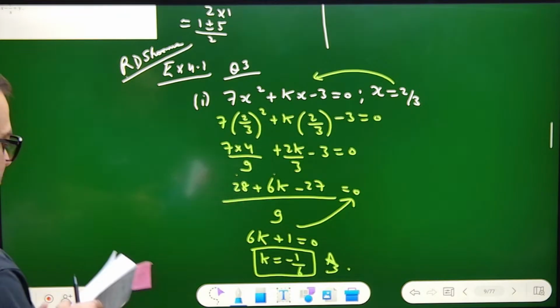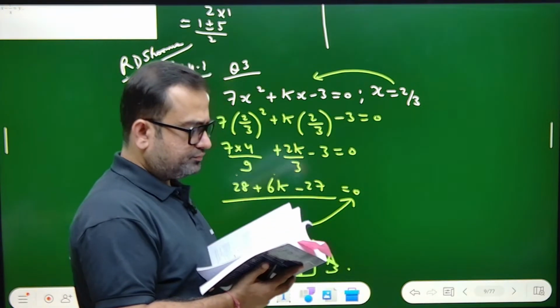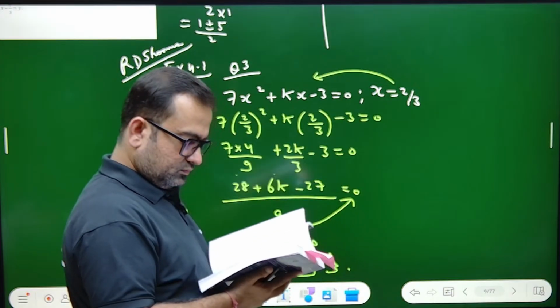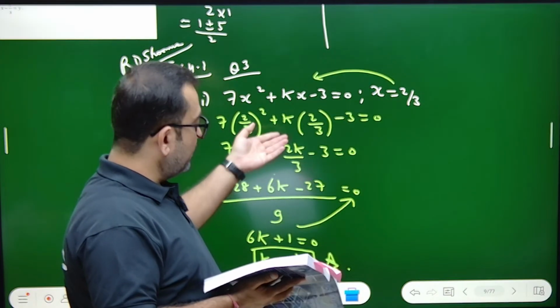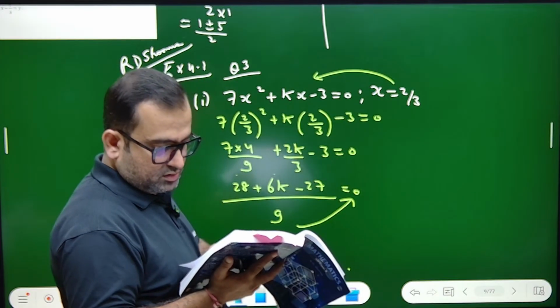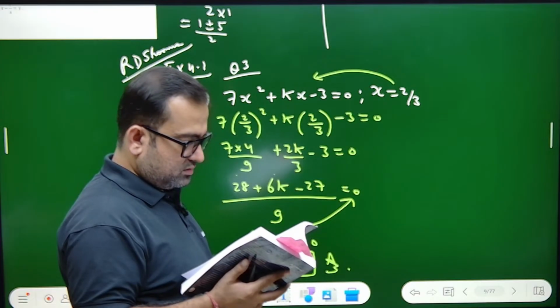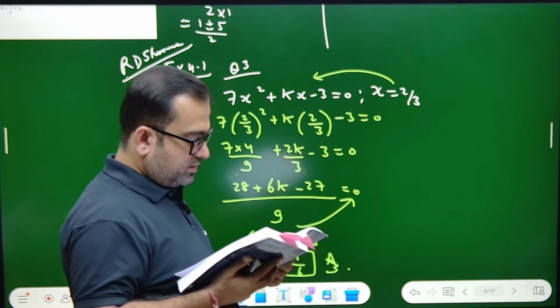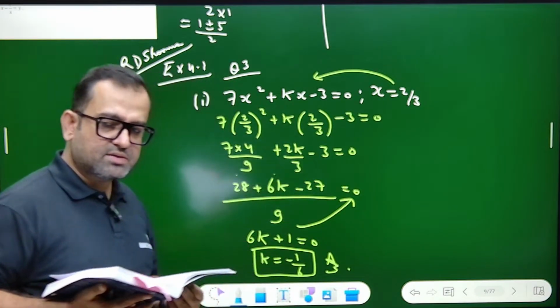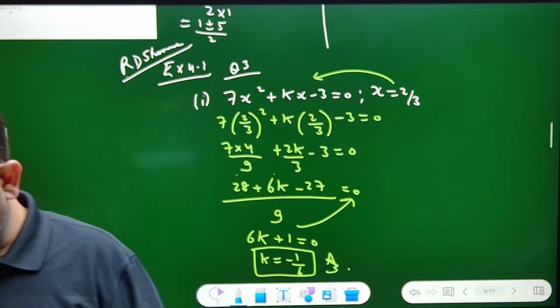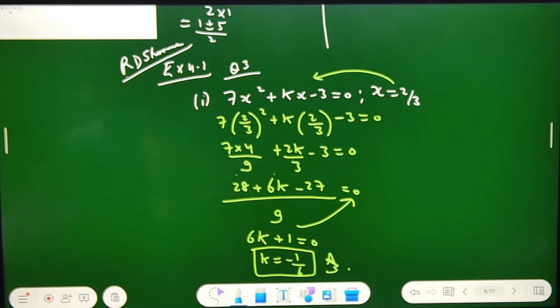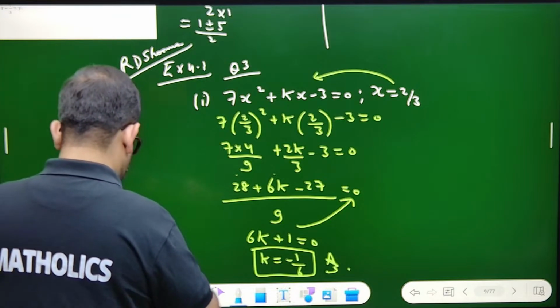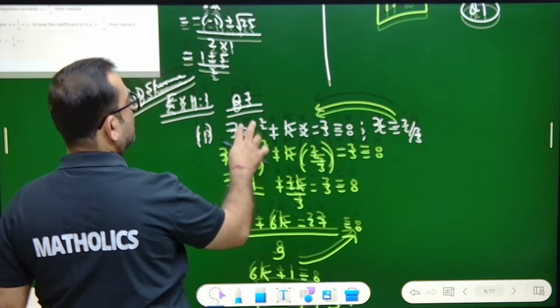Copy this if you're having doubt. Third sum is only this. You just have to put the values. That's it. Sorted.